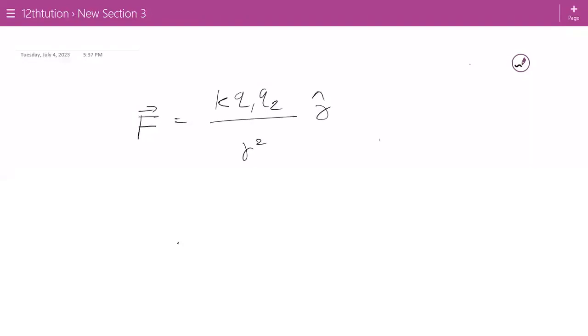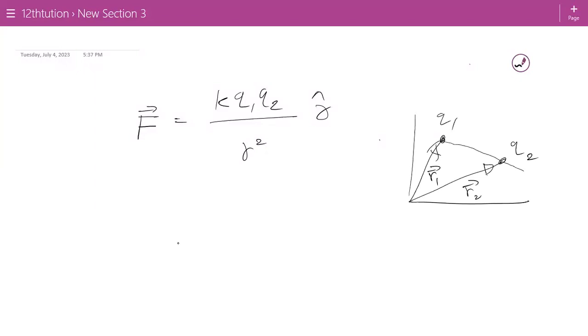So you can say that the force on the first charge due to the second charge. Q1, Q2 were the two charges. Force on the second charge due to the first.